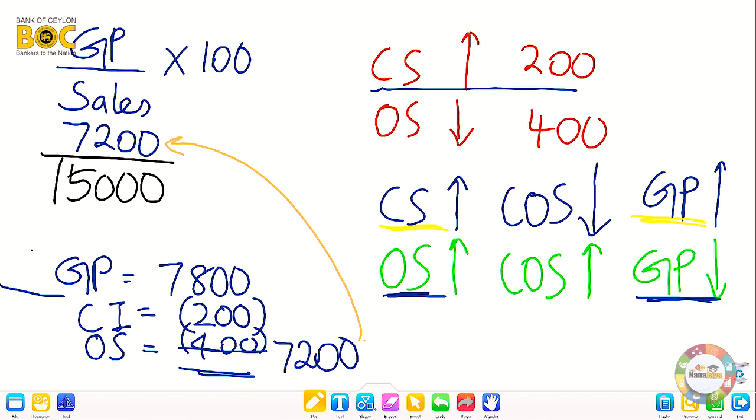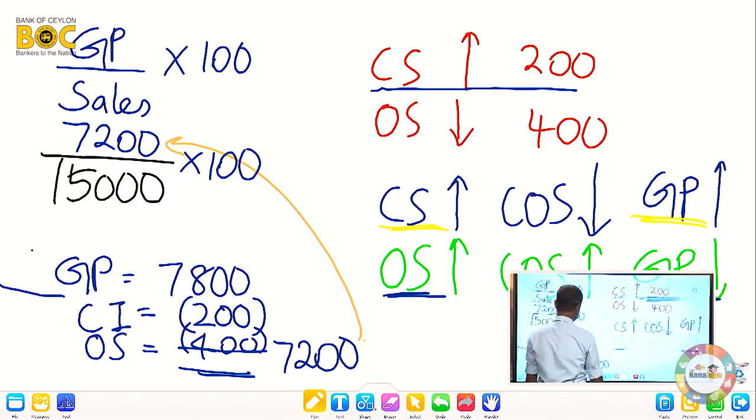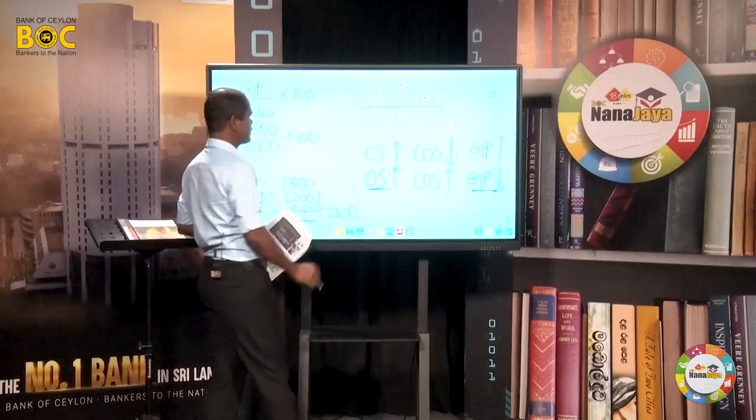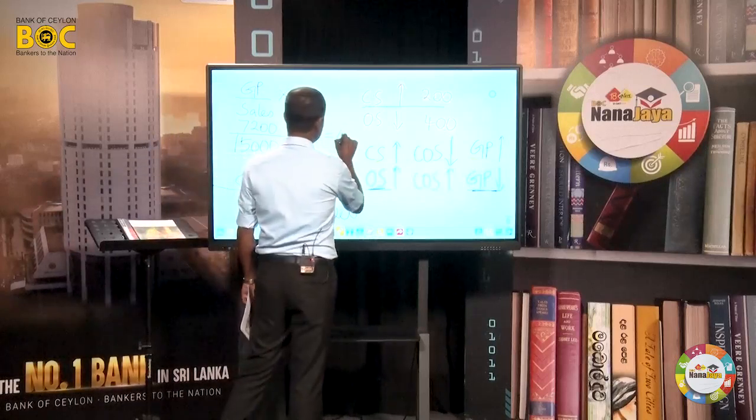Then you multiply by 100 and you get the percentage. So 7,200 is the correct gross profit, 15,000 is the sales. As a percentage you get 48%.